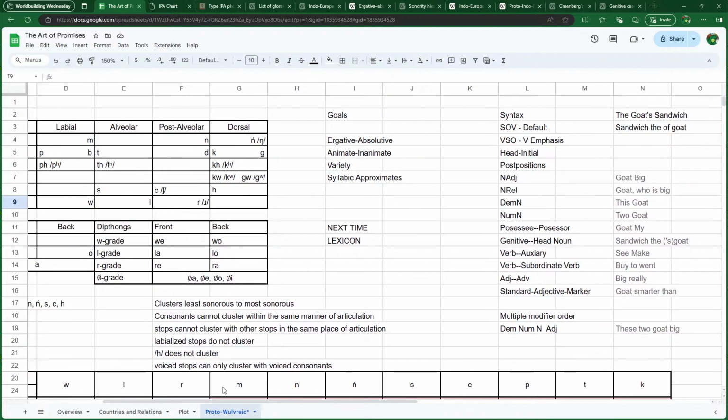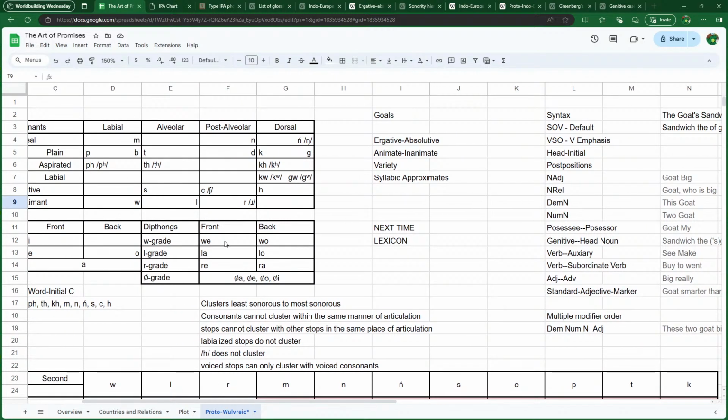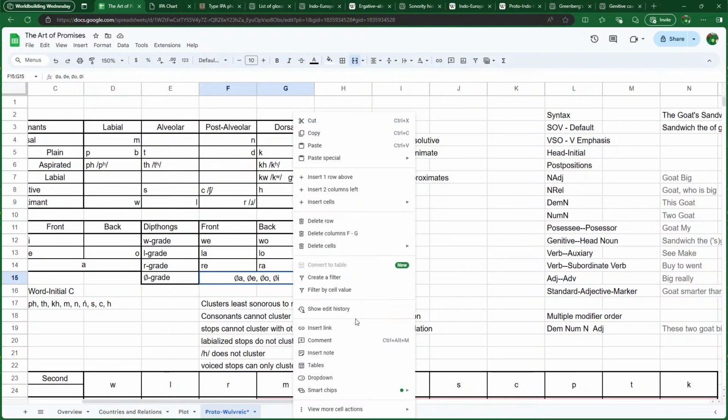Well, okay. Here's the thing. What if we had 3 cases that we mark with... actually, hold on. Can I split the cell? Additional formatting.